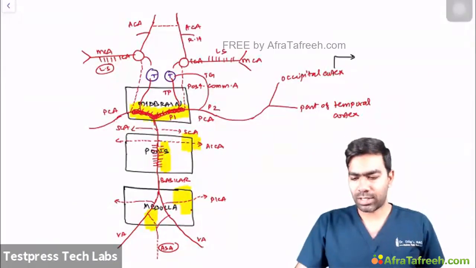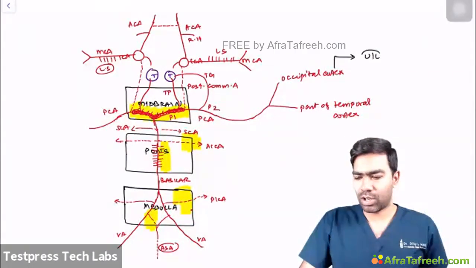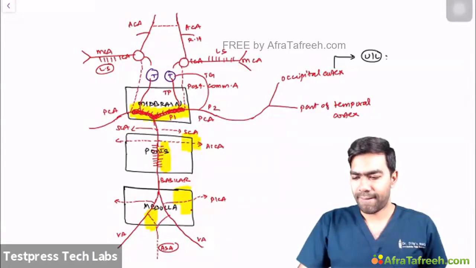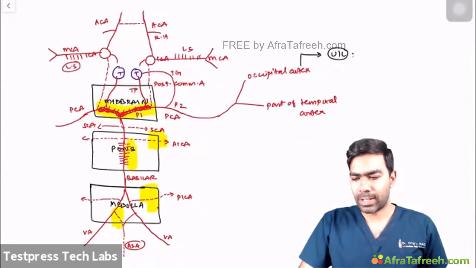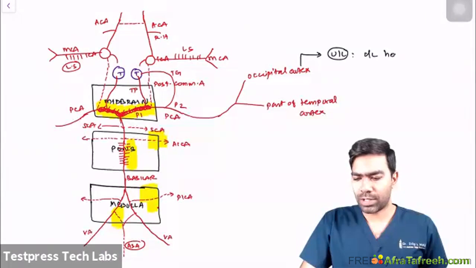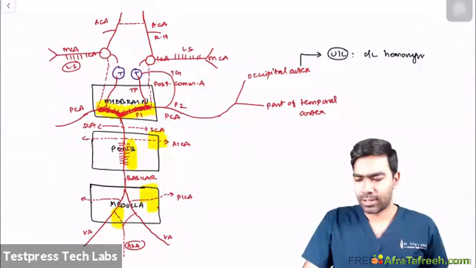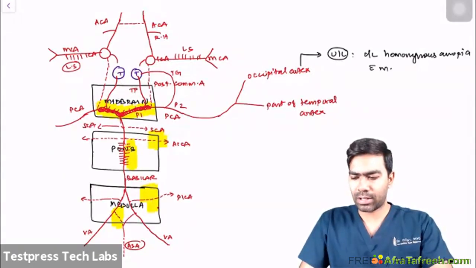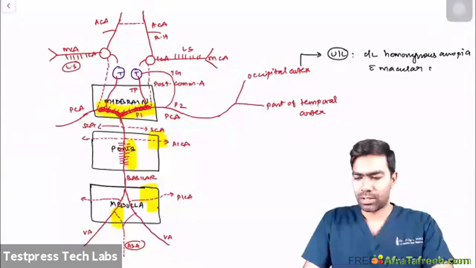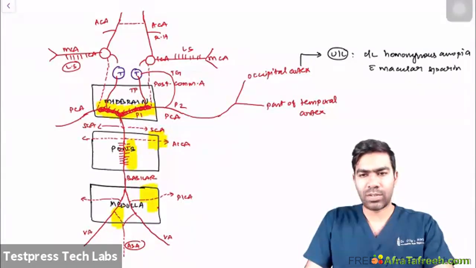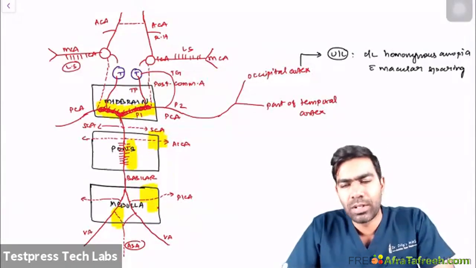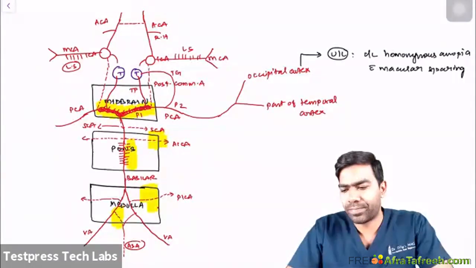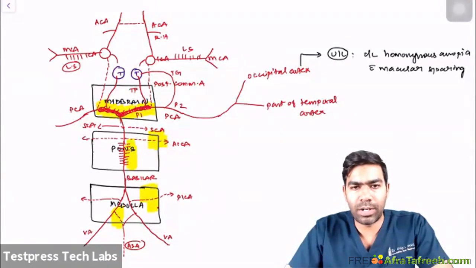If it is affected unilaterally, you will get contralateral homonymous hemianopia. We know that. But at the same time, you'll get something called macular sparing. That is very typical of this occipital lobe involvement.